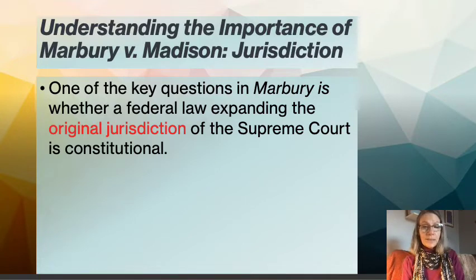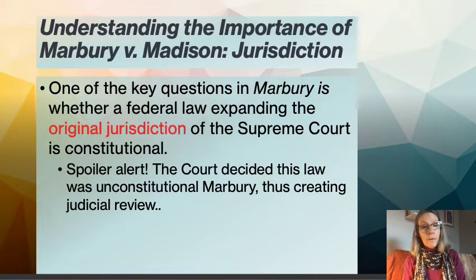This is a case that revolves around some minutia in terms of law, although the background of the case is super exciting. It is about whether or not a law is constitutional.